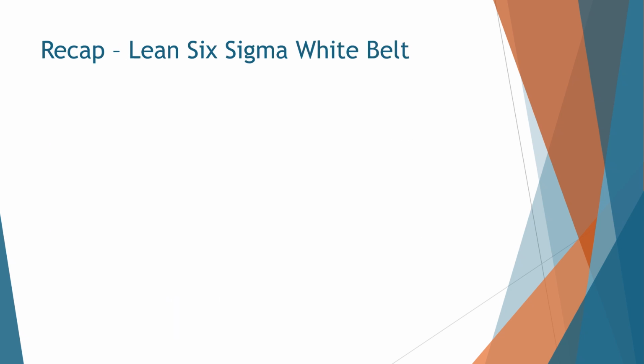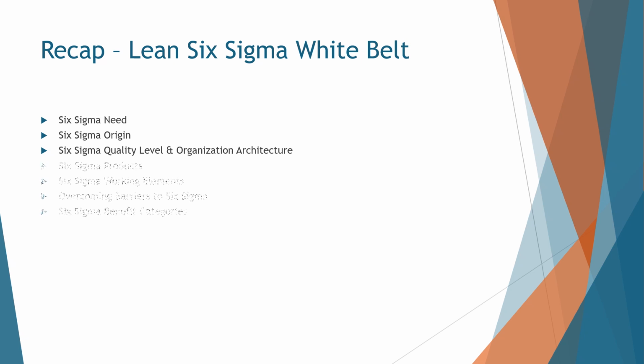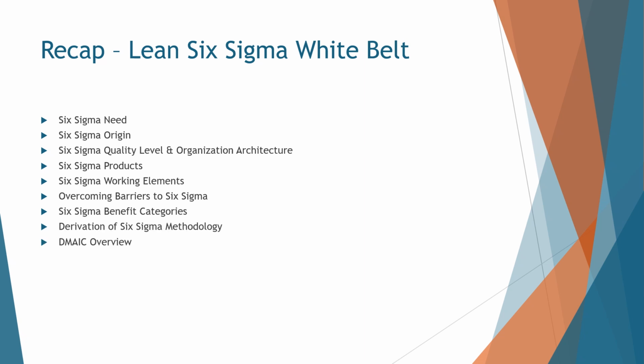Let's do a quick recap of the Lean Six Sigma white belt. You have the Six Sigma need, the Six Sigma origin, and the Six Sigma quality and organizational architecture. We went over Six Sigma products, Six Sigma working elements, overcoming barriers to Six Sigma, benefiting categories.